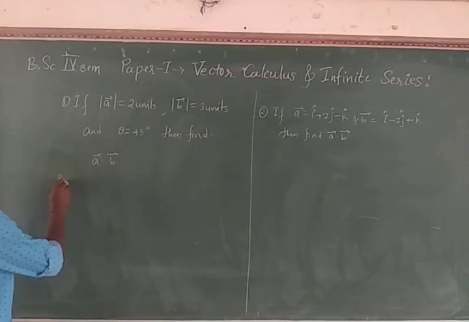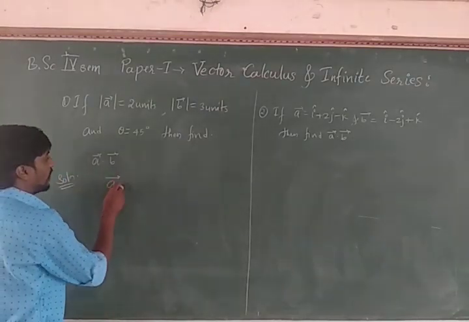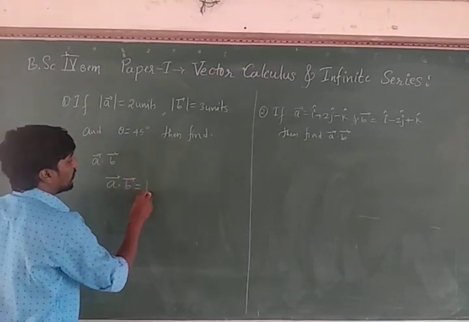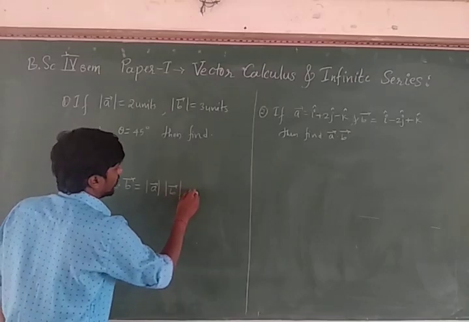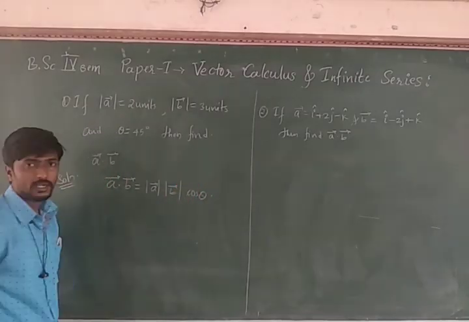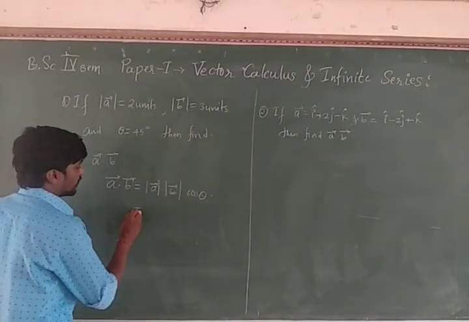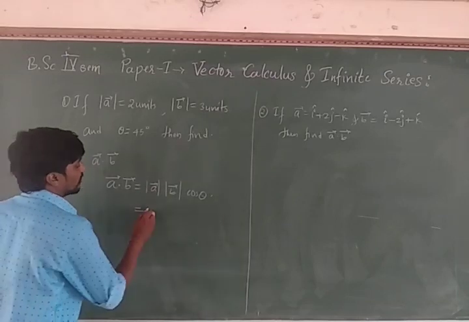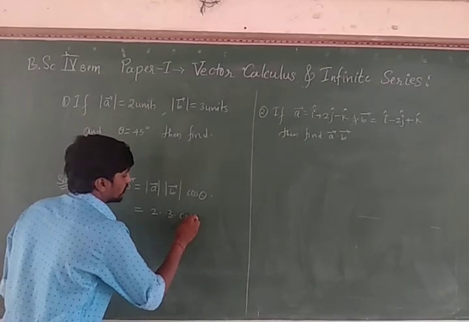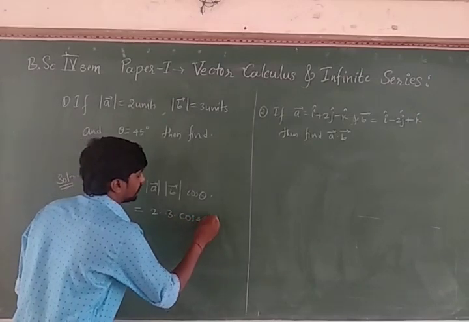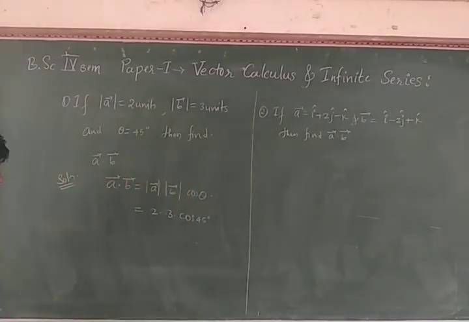While solving this question, we have the formula: vector A dot vector B is equal to magnitude of vector A into magnitude of vector B into cos theta. Now substitute the values: 2 into 3 into cos of 45 degrees.